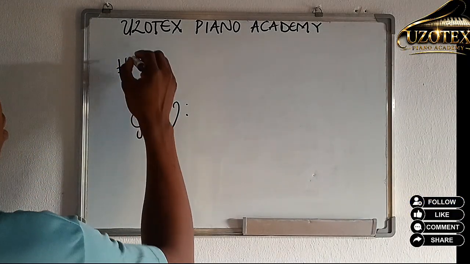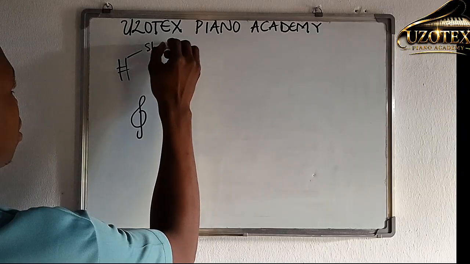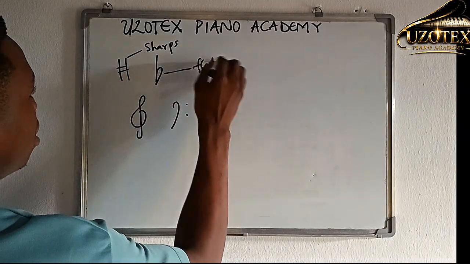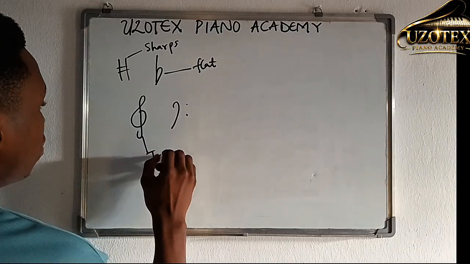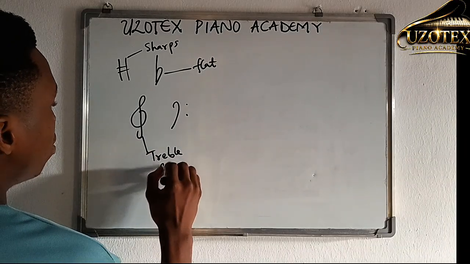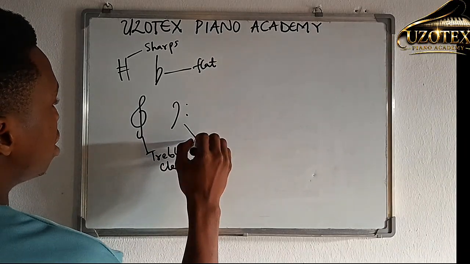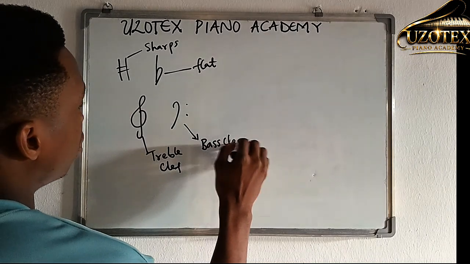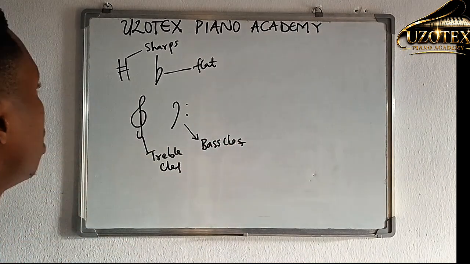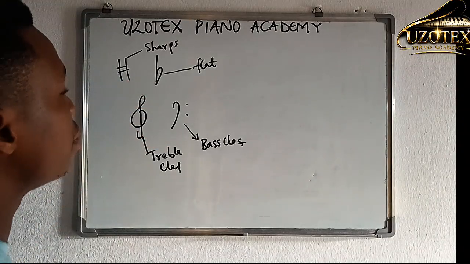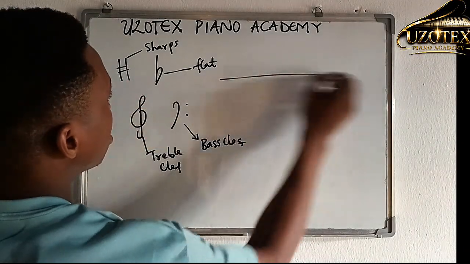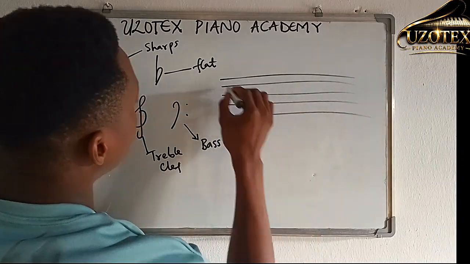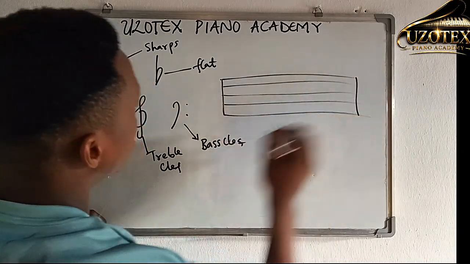This is what we call the sharp, this is the flat, this is the treble clef, while this is the bass clef. These are the things you find in staff notation. Then you find your staff, which is 5 lines and 4 spaces.